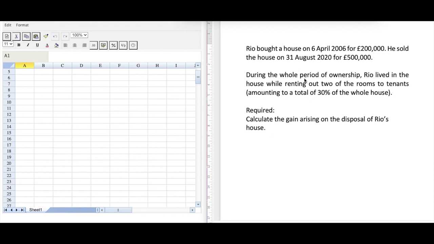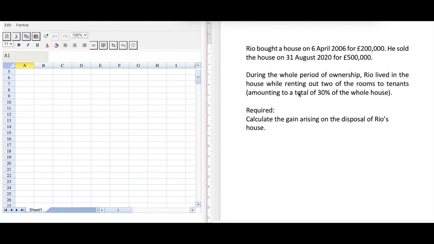We're given some more information here as well. We're told that during the whole period of ownership, Rio lived in the house while renting out 2 of the rooms to tenants, and that amounted to a total of 30% of the whole house. So this means that when Rio sells this house, the whole amount of any gain is not necessarily exempt.